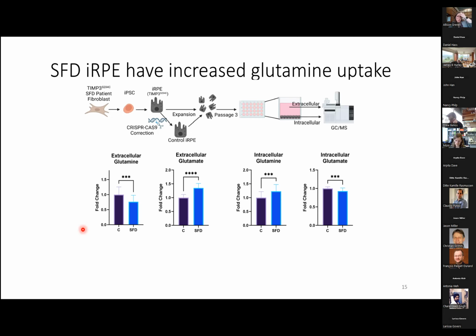And when I looked intracellularly, I found that there was an accumulation of intracellular glutamine in the mutant, and a slight decrease in the intracellular glutamate. So from here, I really wanted to look directly at what was occurring with glutamine metabolism in these cells.